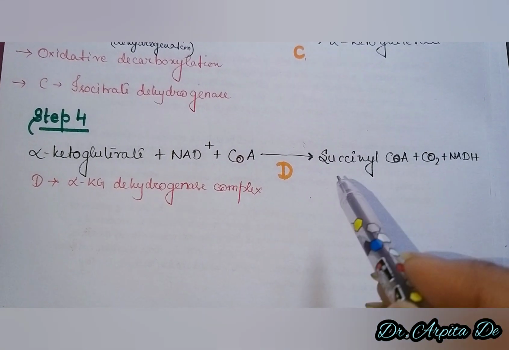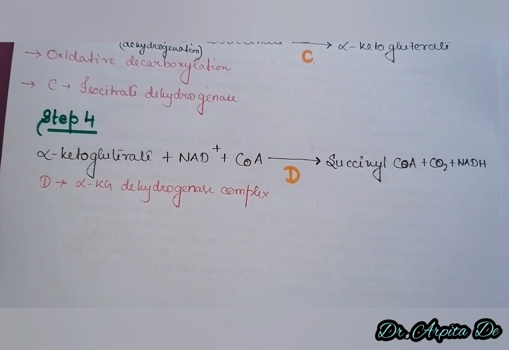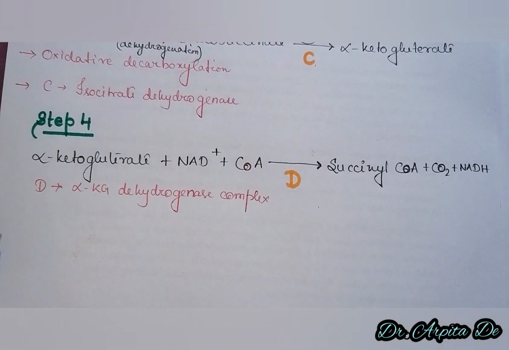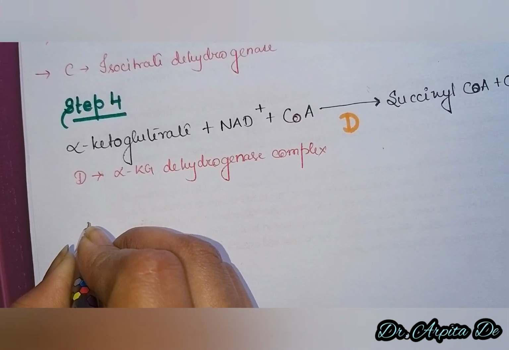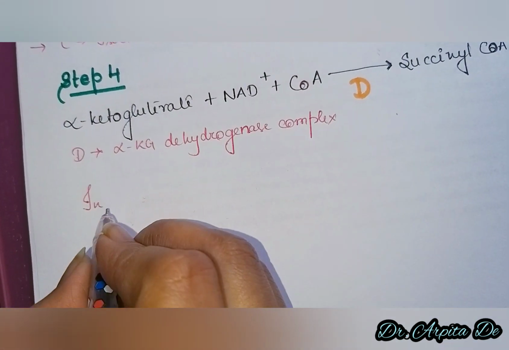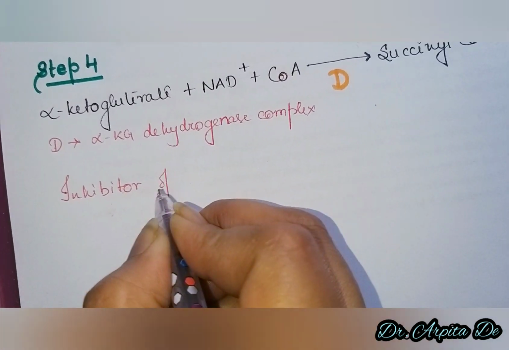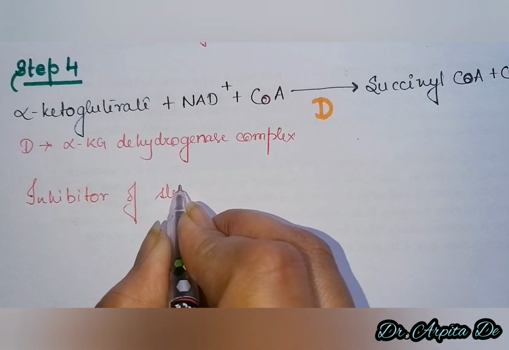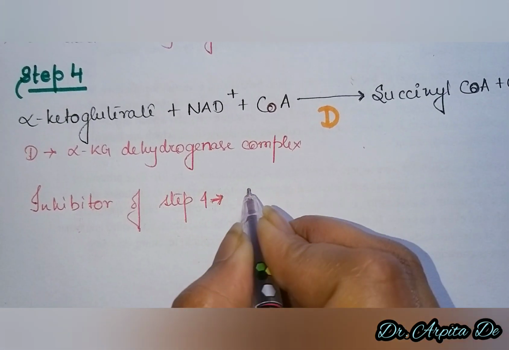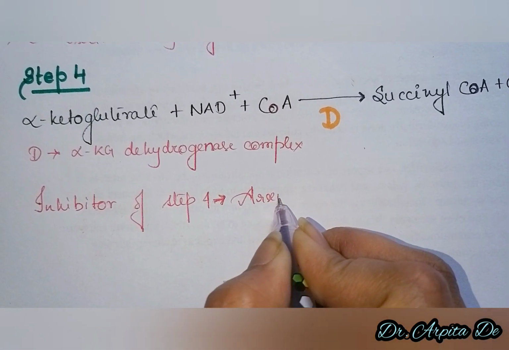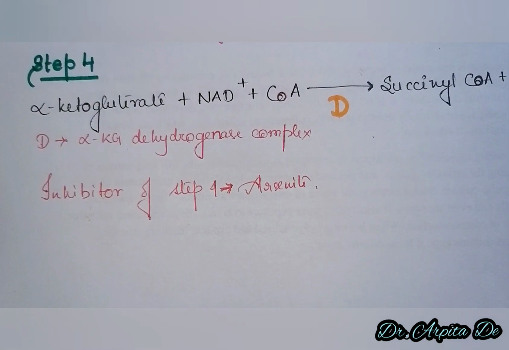Another important point about step number 4 that you should know is that arsenite is an inhibitor of step 4. So if I just write here, step 4 is arsenite, right?